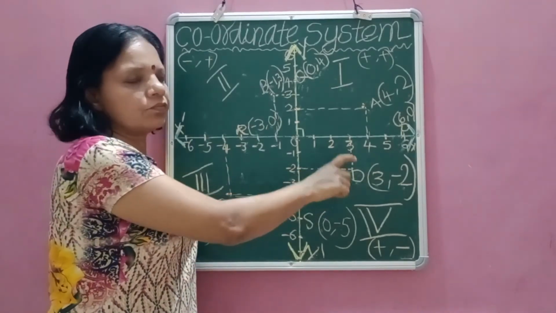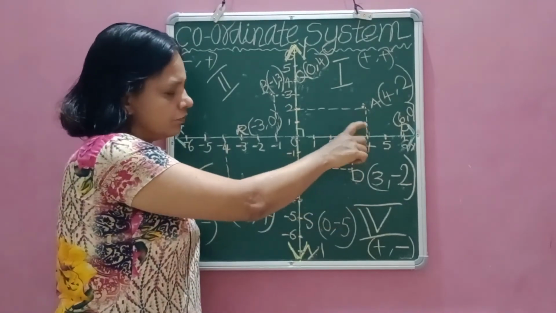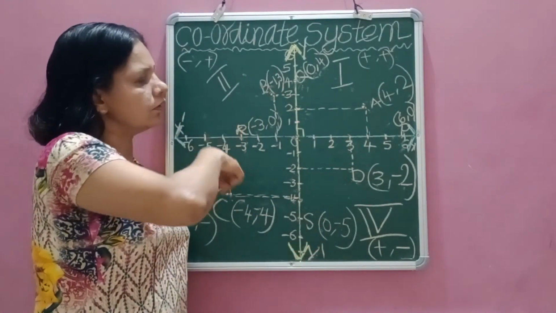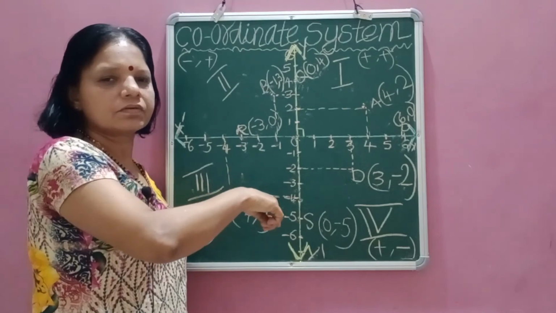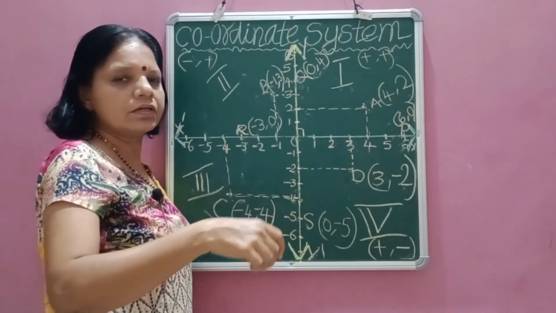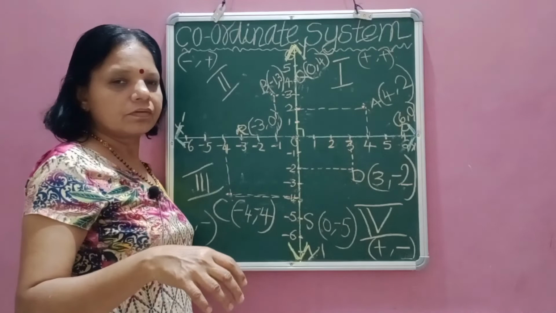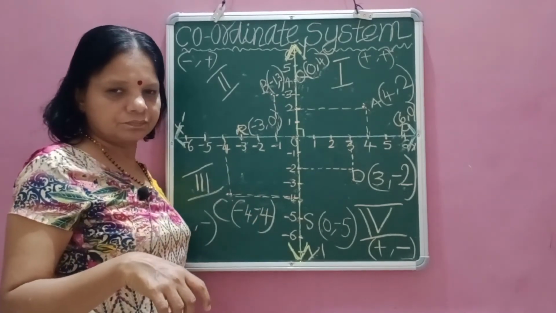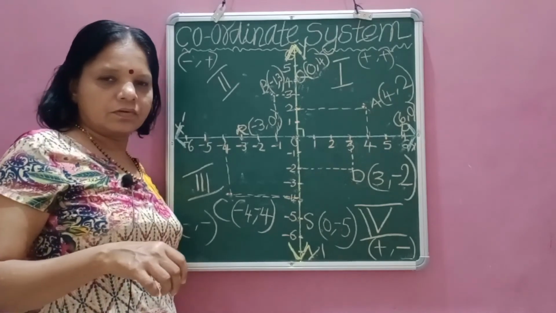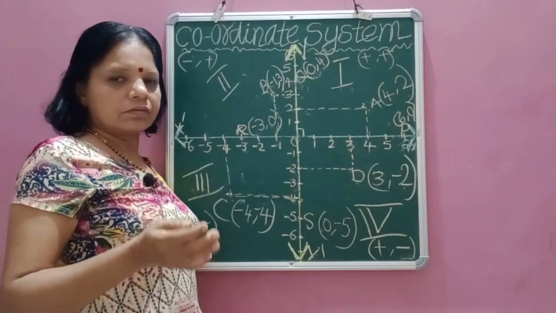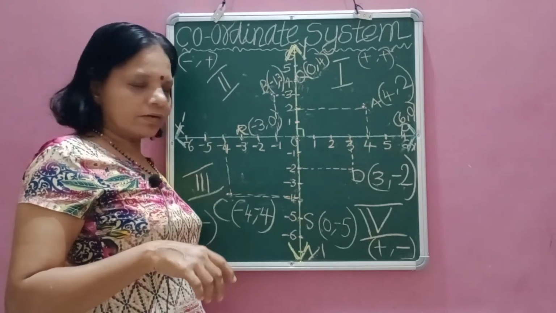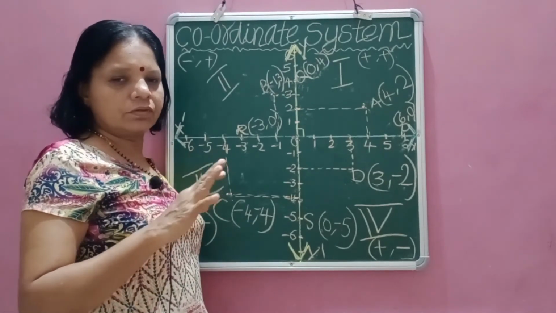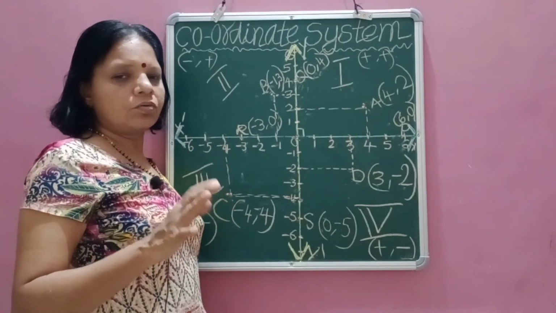Any point in the fourth quadrant, x positive, y negative. On seeing the axes and how the integers are distributed on the number line, you can easily get these properties. And understood quadrant: the x-axis and y-axis in a plane divide it into 4 equal parts. Each is called a quadrant.